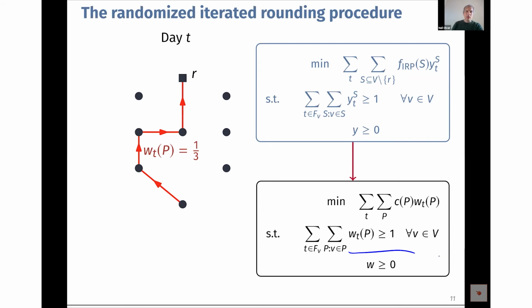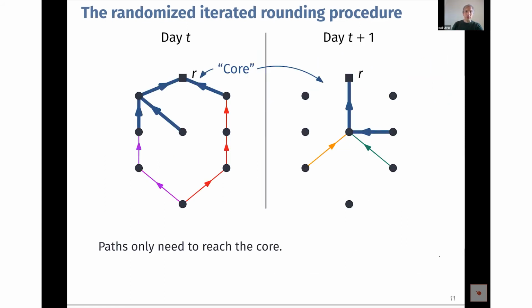And now we're going to gradually turn this into an integral solution. The way we're going to do it is we're going to keep track of a solution that's part fractional, part integral. The integral part, on each day, is going to be a tree containing the root. We'll call this the core. That's some subtree connecting to the root.